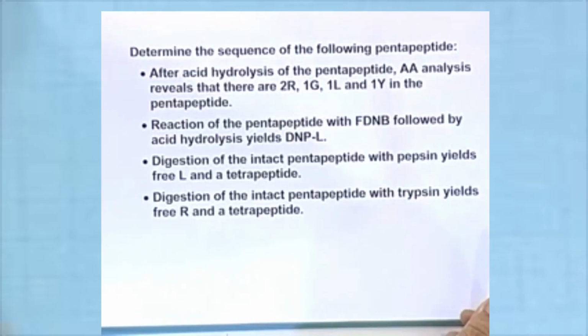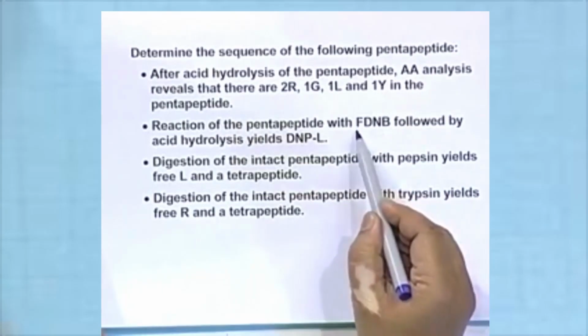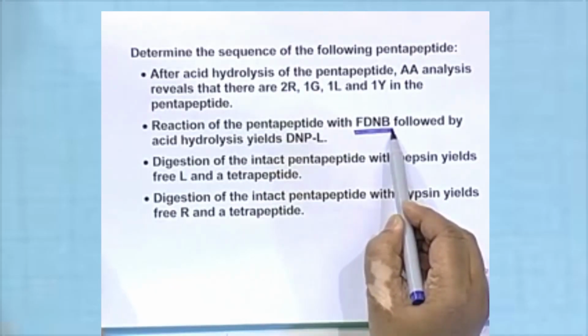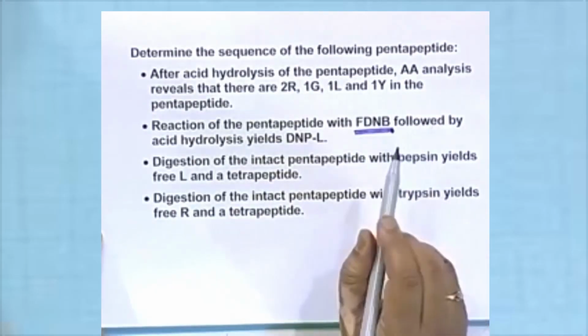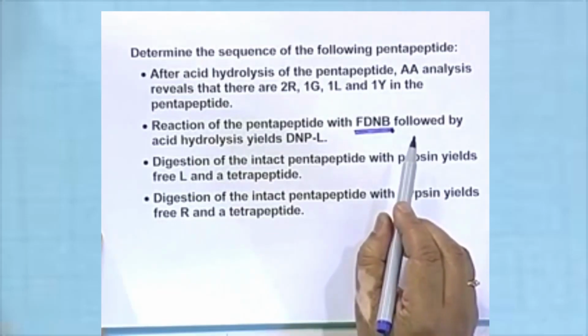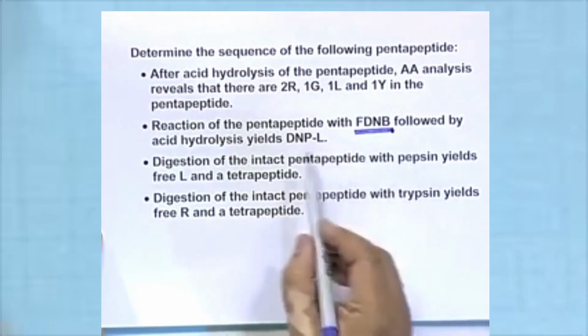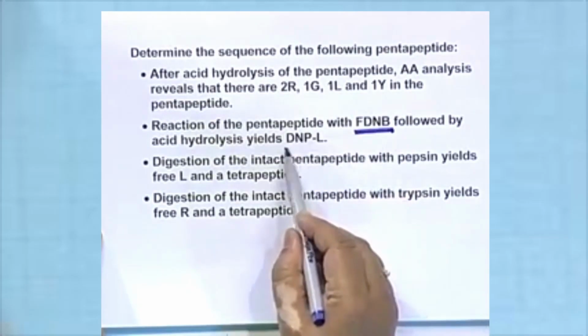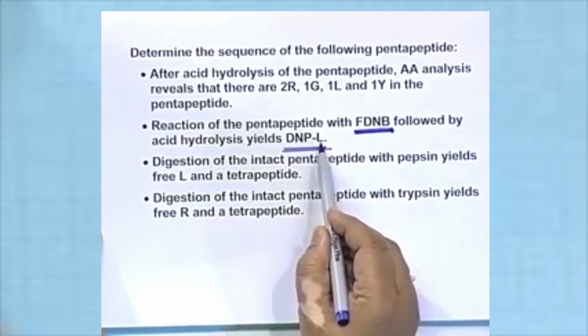Reaction of the pentapeptide: FDNB is another reagent that will tell you what the N-terminal is, just like Edman degradation. Okay? So the Edman degradation method tells you that the first amino acid is L.